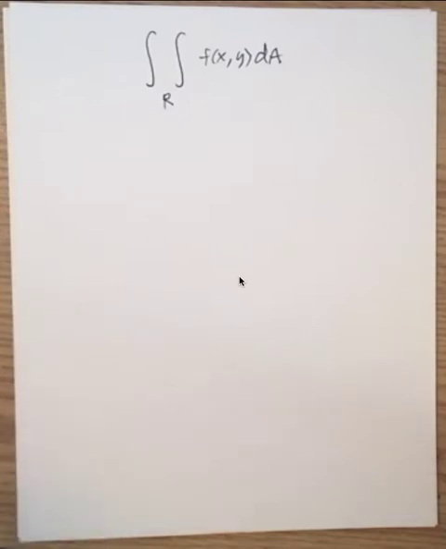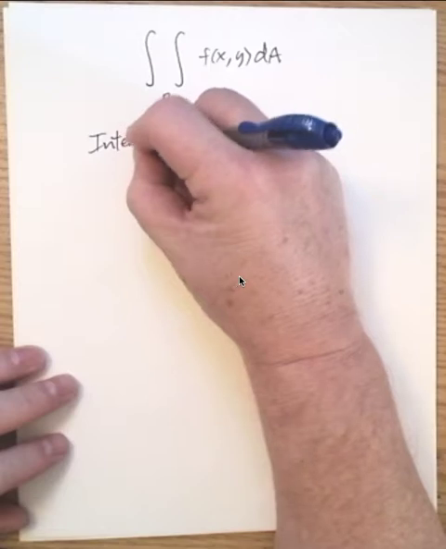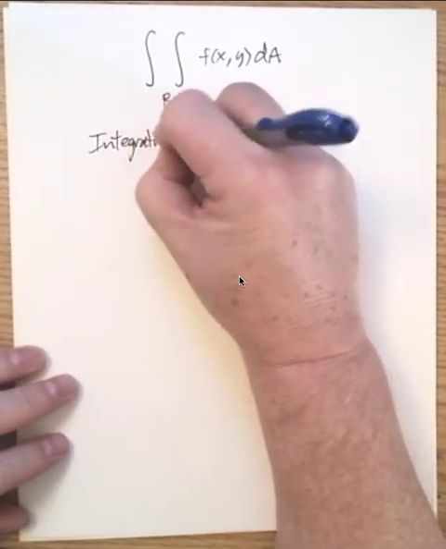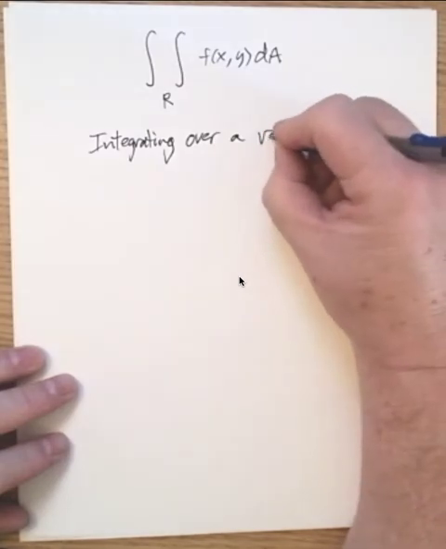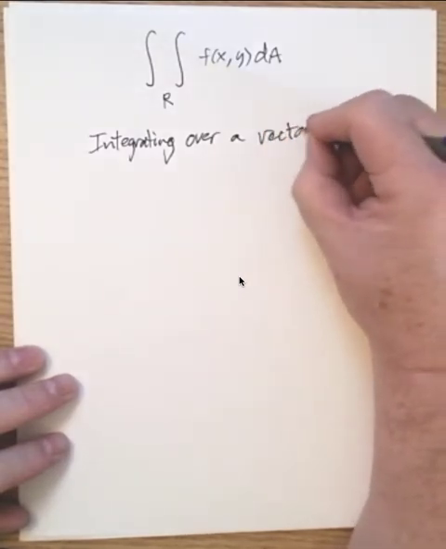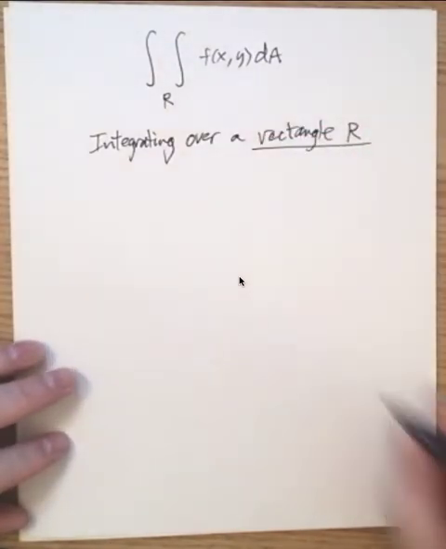Now, first thing I want to say here, integrating over a rectangle is basically easy as far as the setup goes, okay? If you're integrating over a rectangle, which we will still call R, okay?